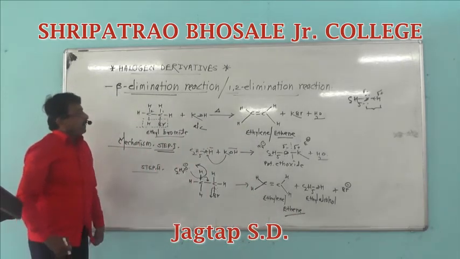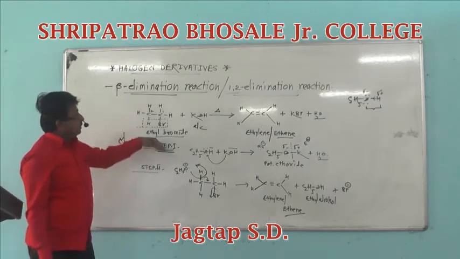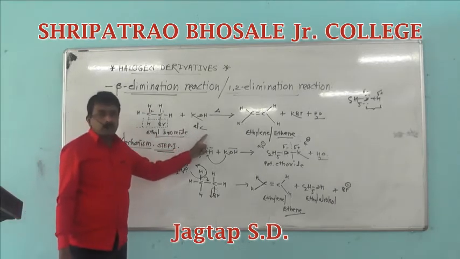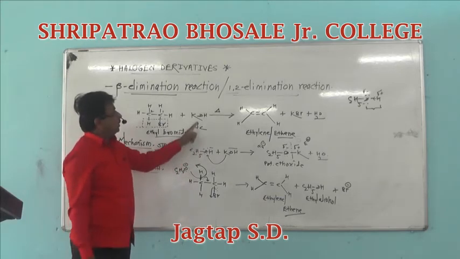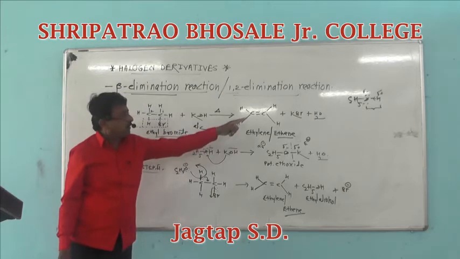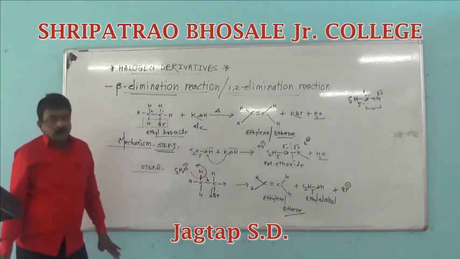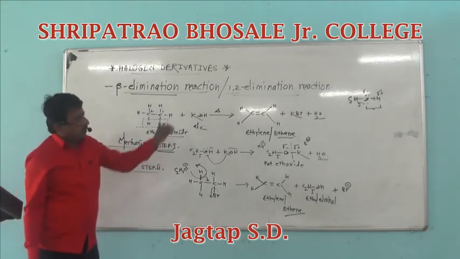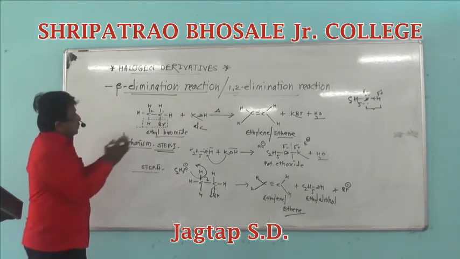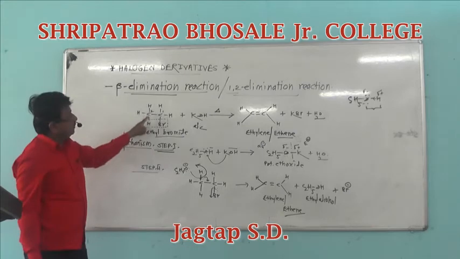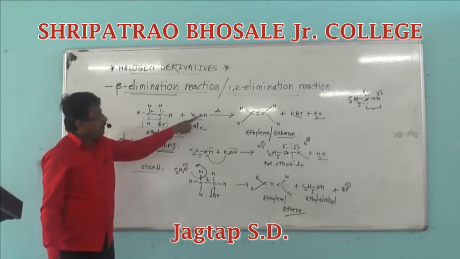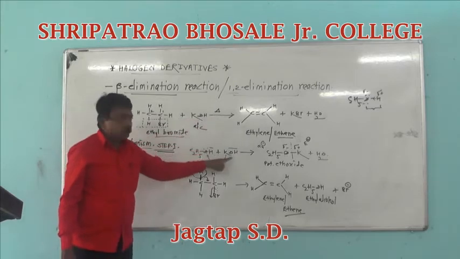So, in the reaction, alkyl halide ethyl bromide is heated or boiled with alcoholic potassium hydroxide to give the corresponding ethene along with KBr and H2O, that is potassium bromide and water. The reactants: the starting material is ethyl bromide, and the second reactant is potassium hydroxide.